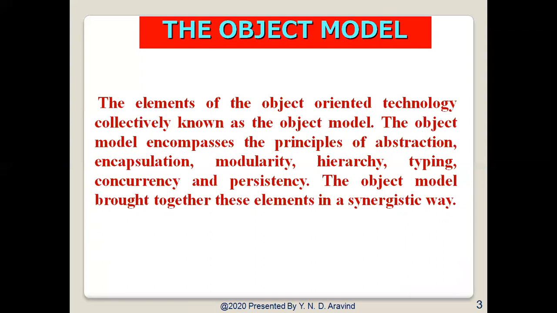So, an object model helps us to describe or define a software system in terms of objects and classes. It defines the interfaces or interactions between the different models, inheritance, encapsulation, and other object-oriented features.